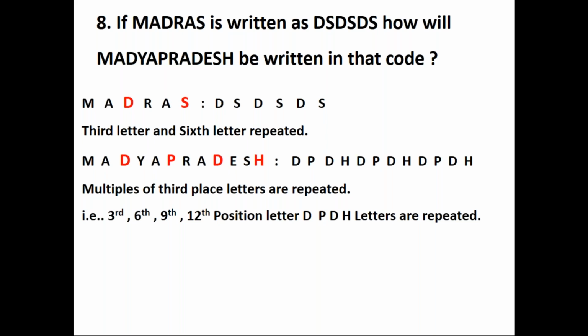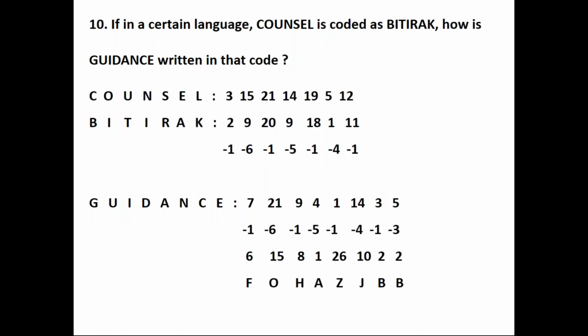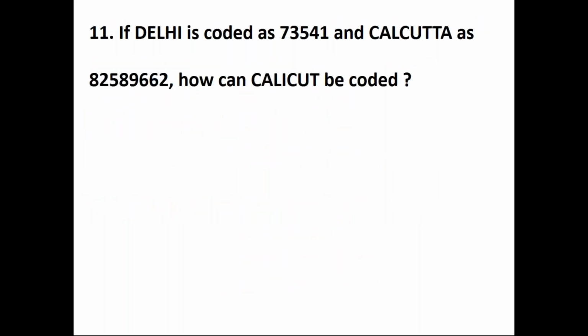Next one. These are letters to number. Delhi is coded as something, Calicut is coded as 8258962.